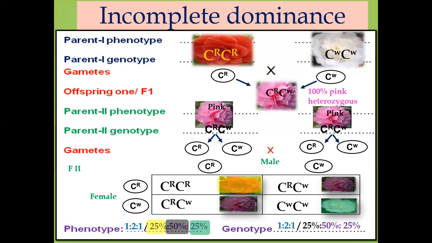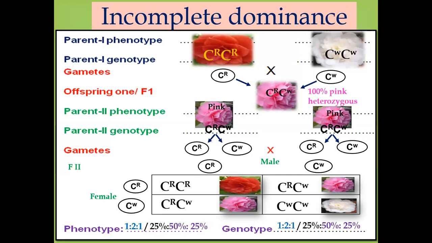If we calculate the genotypic expressions, the homozygous red variety is 25%, while heterozygous CR and CW is 50%, while homozygous white variety is 25%.